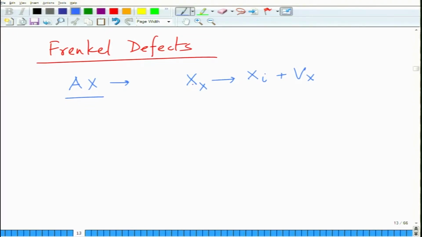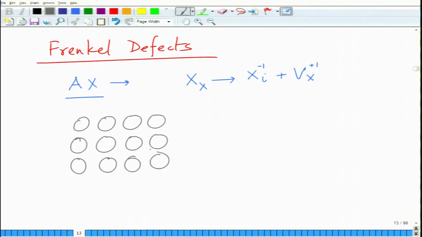Since X is an anion, in this case Xi would be negatively charged. So let us say if it is charge 1, then it would be -1 and this would be +1. So you can have a structure like this, let us say. Your interstitial ion is this X. This X has gone missing from its own site, so this is now vacant.